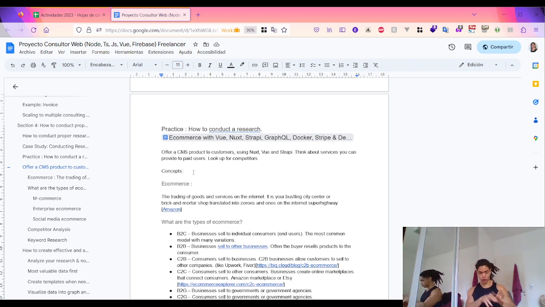Business to consumer is the most widely used business model, such as online retailers like Amazon, Costco, Target, digital marketplaces like Etsy or eBay, subscription services like Netflix and Spotify, and food ordering and delivery apps like Uber Eats, DoorDash, or Grubhub.